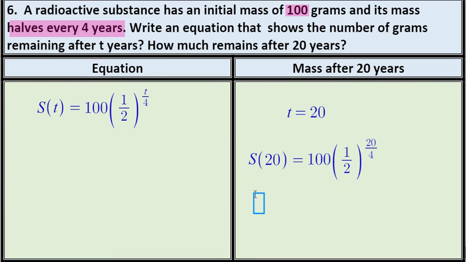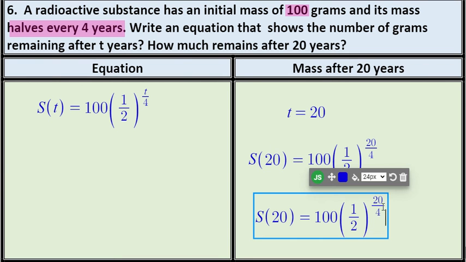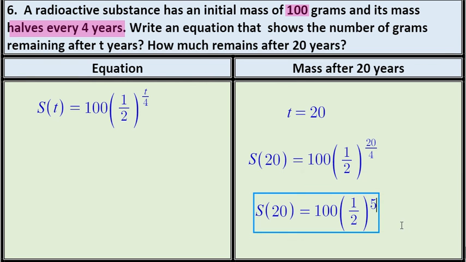Now, one detail that we can do is I can simplify that 20 over 4 right now, and 20 divided by 4 is actually 5. So that's what I'm going to put in my calculator.